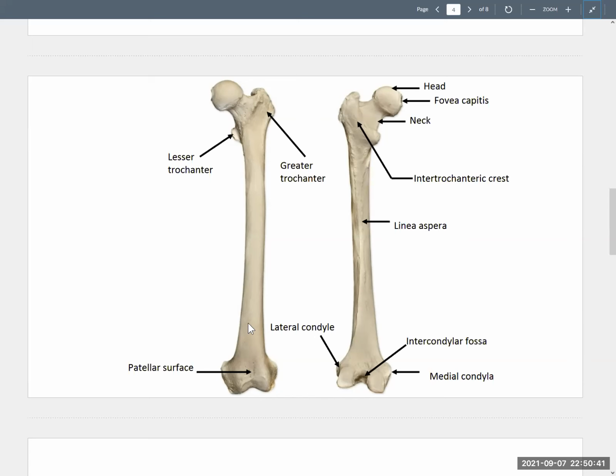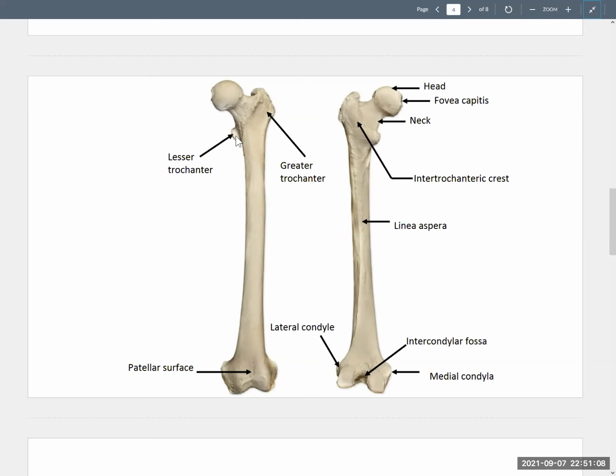This is the anatomical view here on the left. How do I know? I come down to the distal end and it's smooth where the kneecap is going to set. Come back up to it. Then this is the medial side, obviously, because the head of the femur fits in.